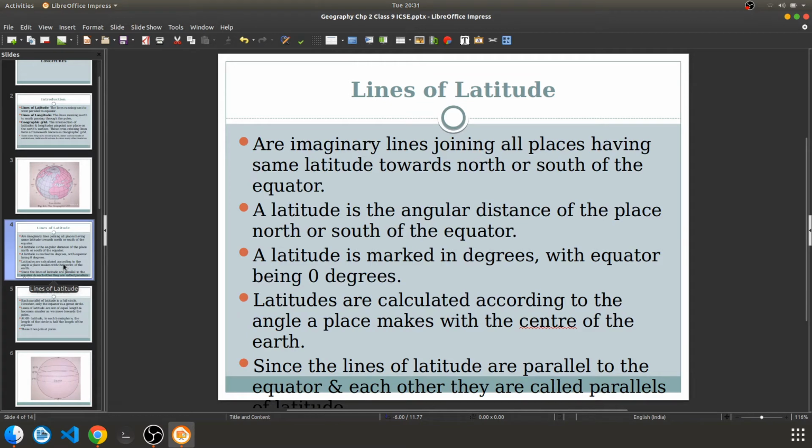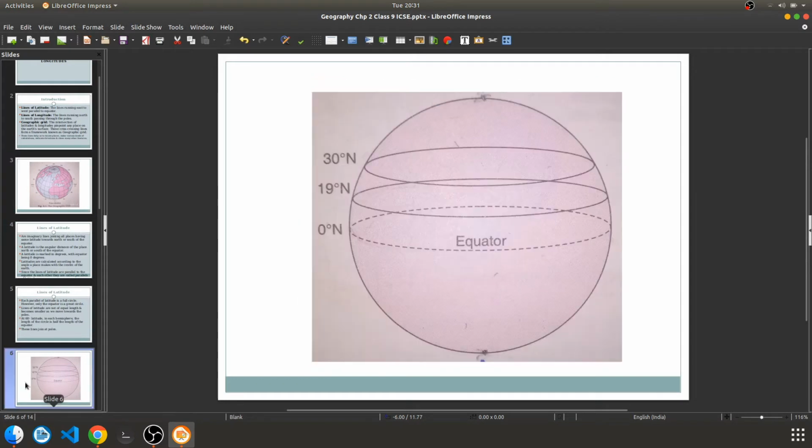The latitude is the angular distance of a place north or south of the equator. These lines move from east to west, but they show how much distance there is from the equator to the north side or to the south side. I gave you the example that Mumbai lies 19 degrees north of the equator.